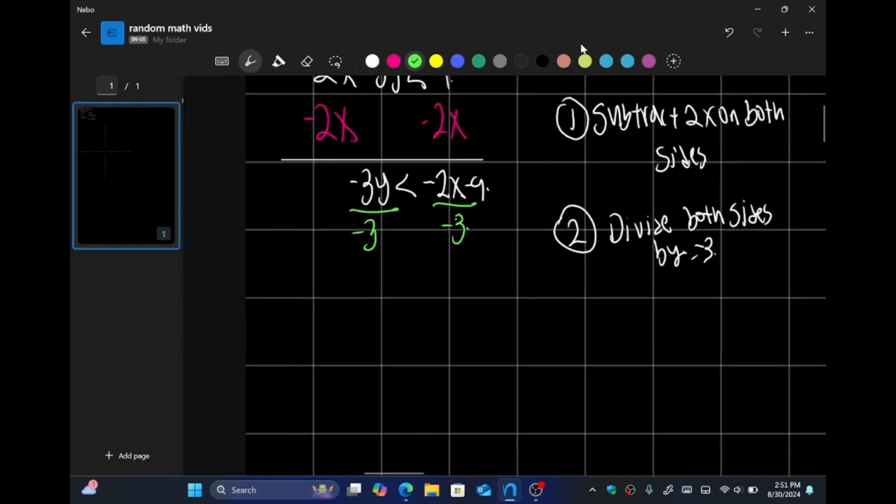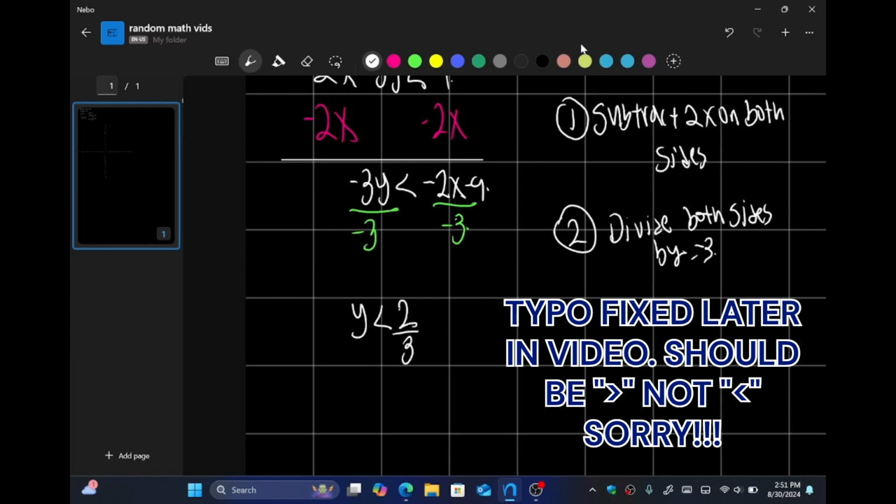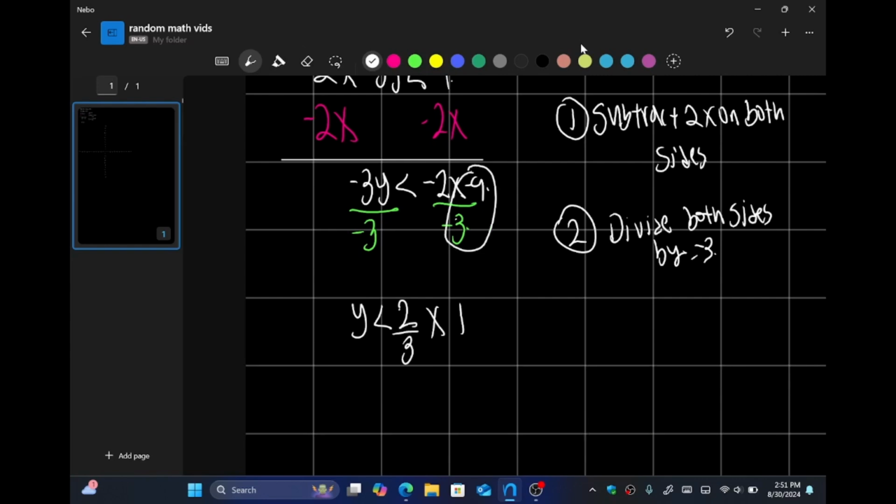So here we're going to have y is less than 2/3 x, and then the negative 9 over negative 3, that's going to be plus 3.